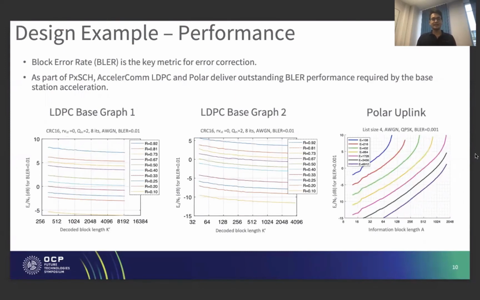In terms of the x-axis of the plot here, for LDPC, we are talking about K prime, and for Polar, we talk about A. And at y-axis, we are targeting SNR. So as you can see here that all these BLER curves comply with the 3GPP standards requirements, and we deliver outstanding BLER performance required by this base station acceleration task.